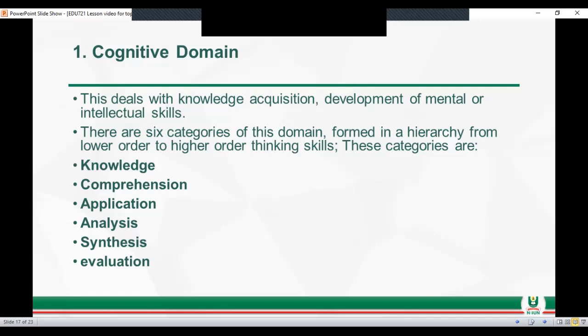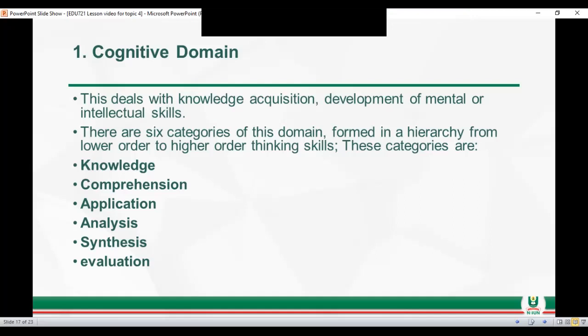You need to have comprehension of a concept before you can apply. First of all, you need to remember what you are learning. That's the knowledge level, the lowest level of the 6 categories of this domain. You need to have the first one before the second one comes up, the second one before you can accomplish the third one, and so on, until you get to the higher order thinking skills. Okay, so let's take them one after the other.